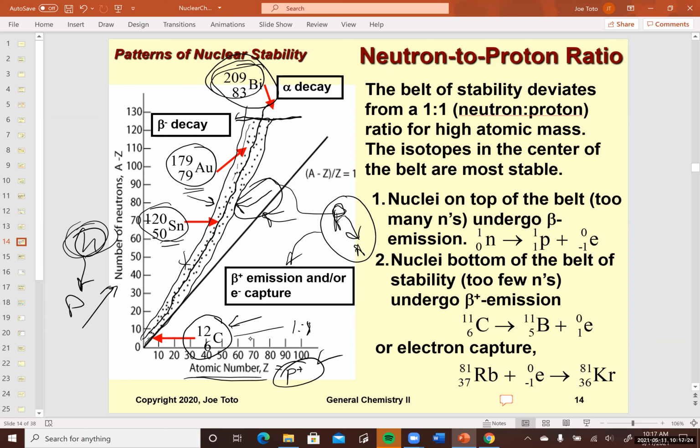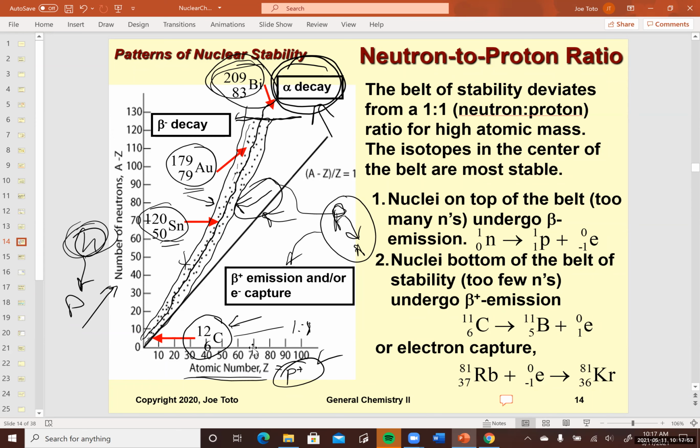They're just too massive. All the ones larger than bismuth are predicted to undergo a large mass reduction, and the largest mass particle that can be ejected is an alpha particle. So anything larger than bismuth is predicted to be unstable and undergo alpha decay.